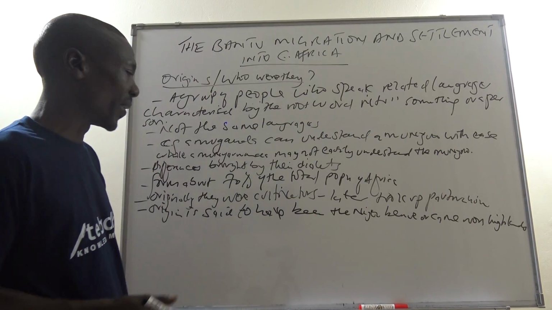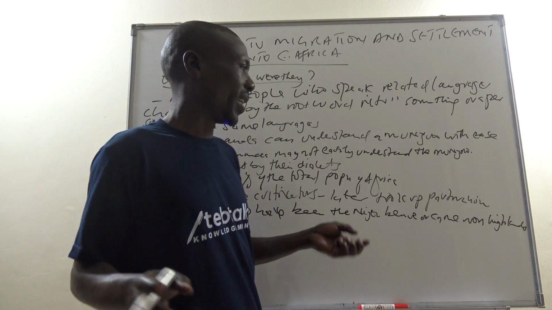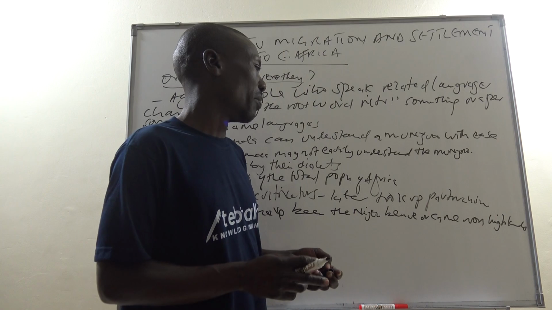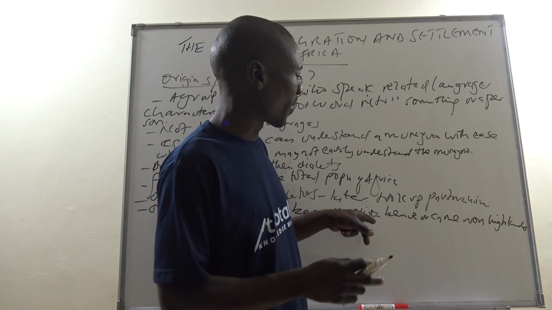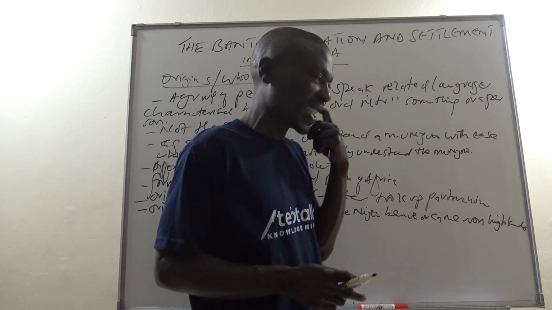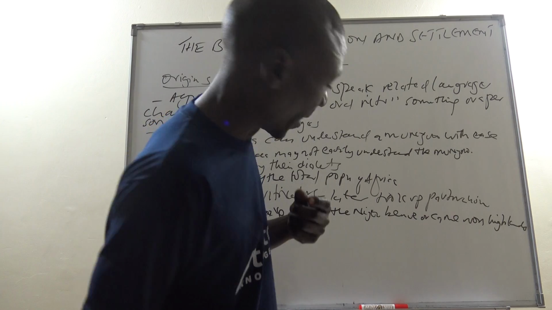This is the first theory. There are two theories that can explain the origins of the Bantu. The first theory is talking about them coming from the Niger Benue or Cameroon Highlands or in the Niger Delta. And that's one theory.